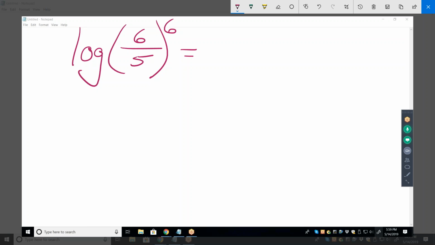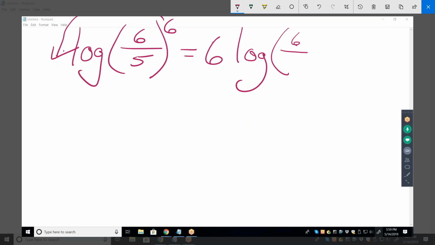But we've got that exponent. Let's get rid of that exponent. What can I do with that exponent of 6? Move it down in front. You can always move it down in front, or if it's in front, you can move it to the exponent. So that's equal to 6 log of 6 over 5.